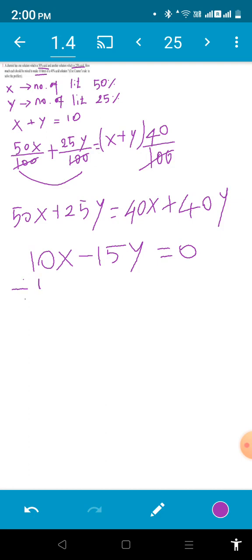I divide this equation by 5 and get 2x minus 3y equal to 0. This is the first equation.